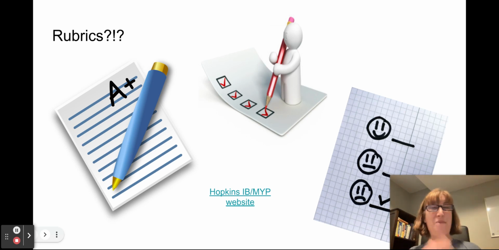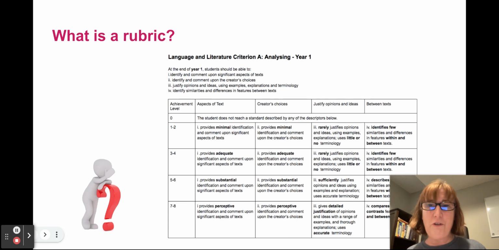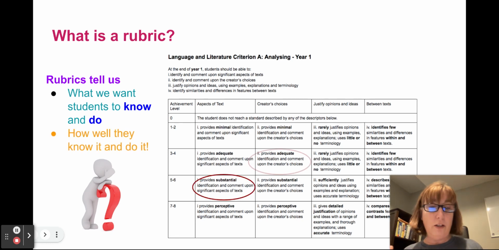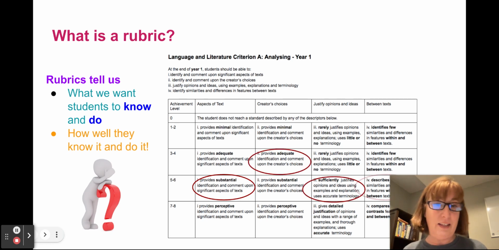But when we think about how many systems students are exposed to, it's not surprising to know that scoring can be confusing. So when we're thinking about IB rubrics, these rubrics tell us what we want students to know and to do. And we're also laying out how well they know it and do it.